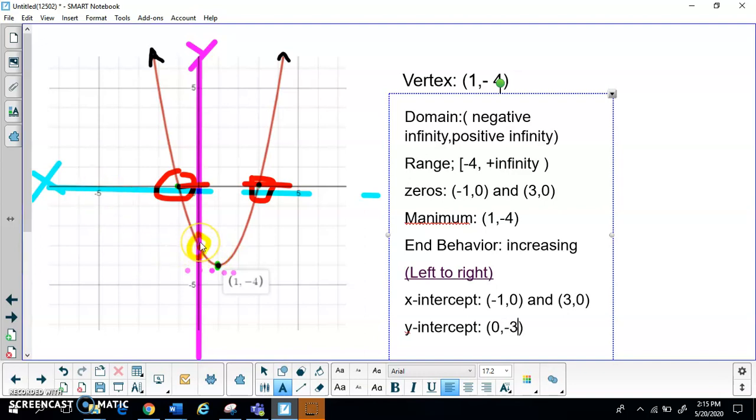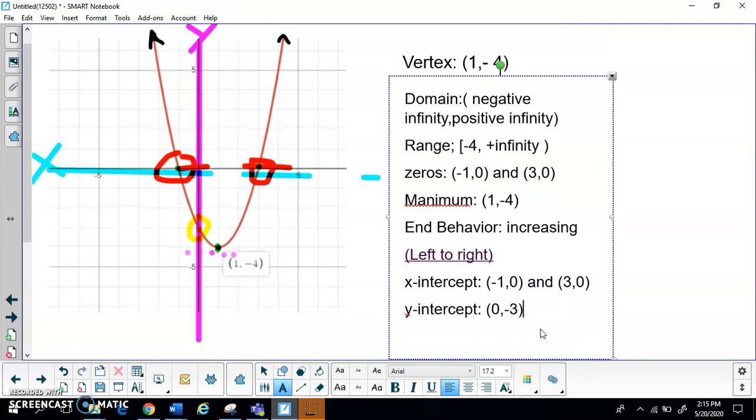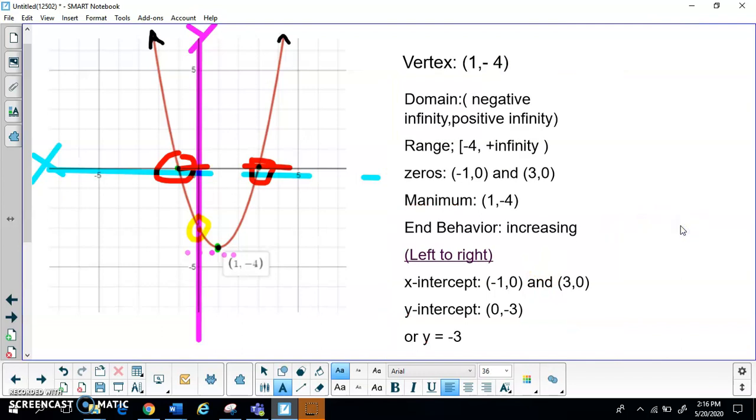That is the ordered pair for your y-intercept. You can write it as an ordered pair, or you can write y equals -3 as your y-intercept. Okay, that's all for this part, and let's continue with more videos tomorrow.